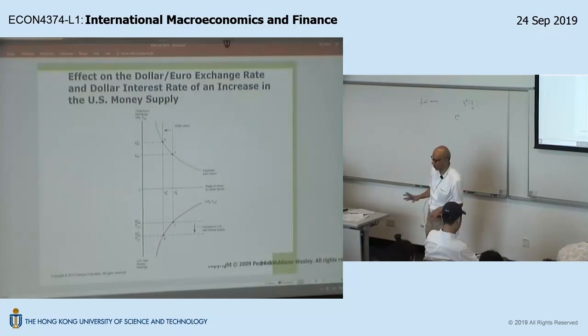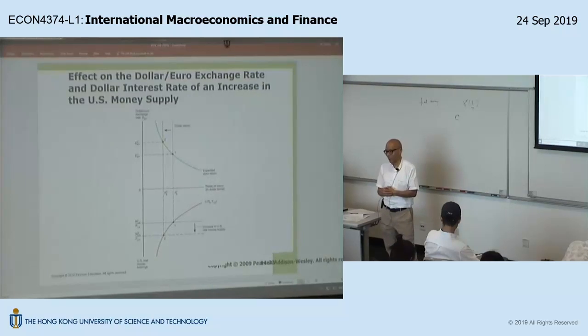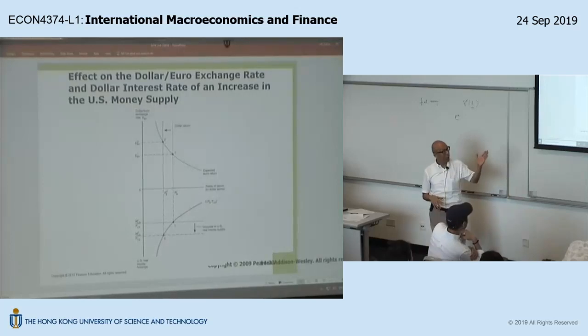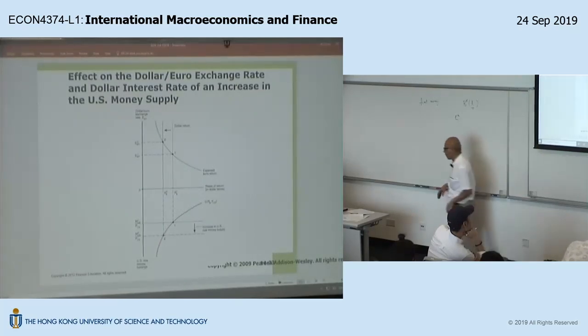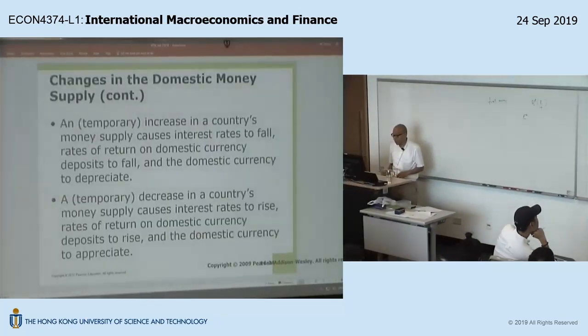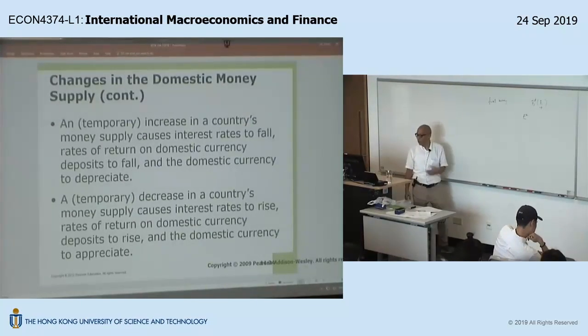So if the other central banks also follow suit, then it will be more complicated, right? But it's quite consistent with what you see in the news. Okay, so the temporary increase in a country's money supply causes the interest rate to fall, the return on domestic currency deposits to fall, and the domestic currency to depreciate.